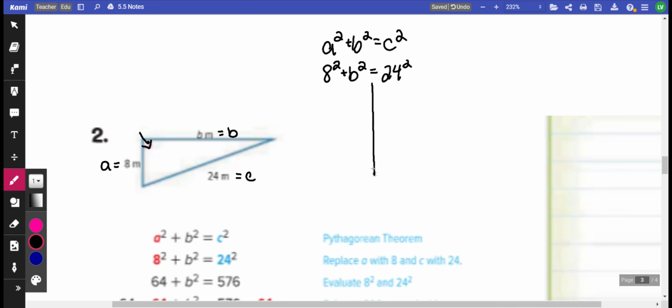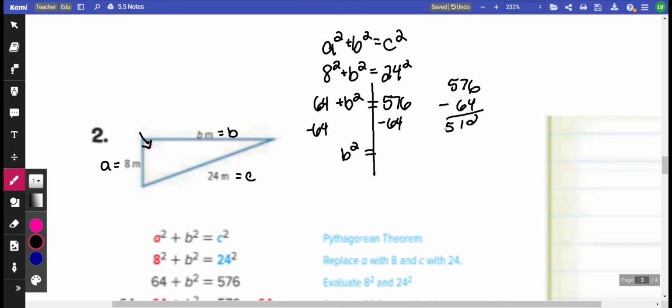So I'm going to extend my equal sign and simplify 8 squared, which is 64, plus b squared equals 24 squared, which is 576. I'm going to solve this like a normal equation where I subtract 64 from both sides. And that gives me b squared equals, well, 576 minus 64, 512.